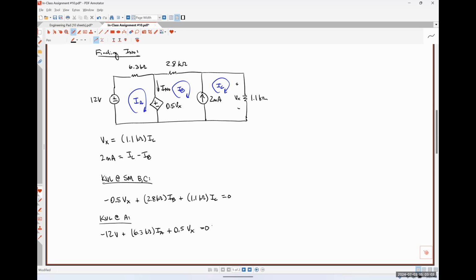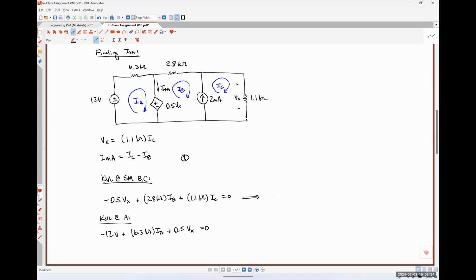And so if we substitute in 1.1 kiloohms times IC everywhere that we see Vx, we have this equation as number 1. Let's play with this one a little bit. So we have negative 0.5 Vx, which is negative 550 times IC.